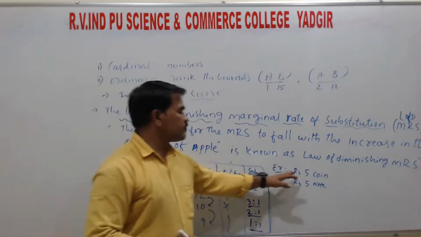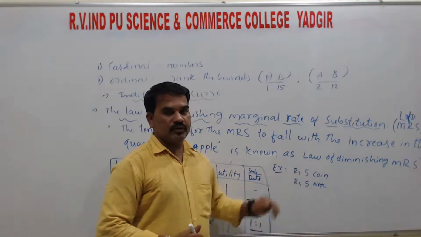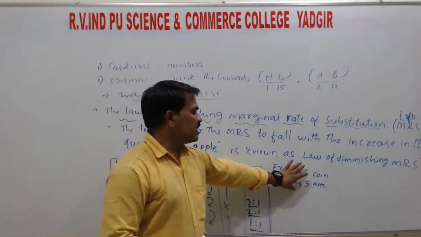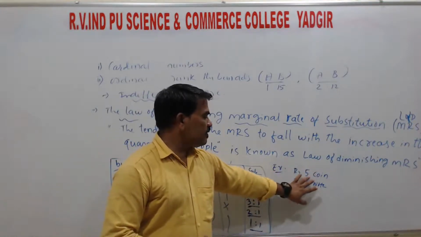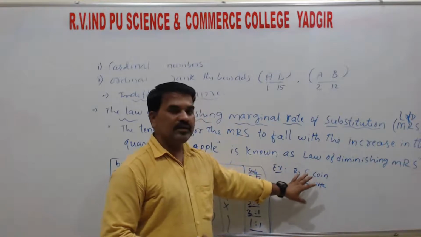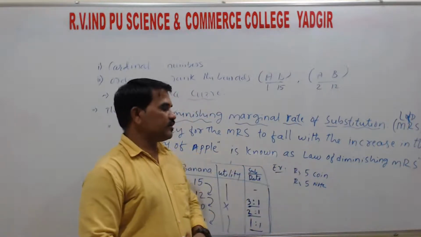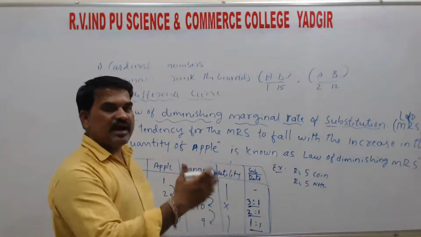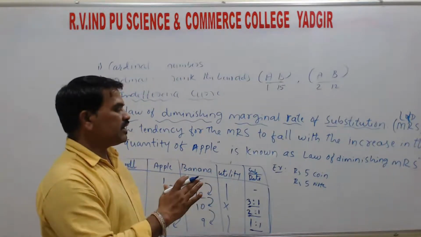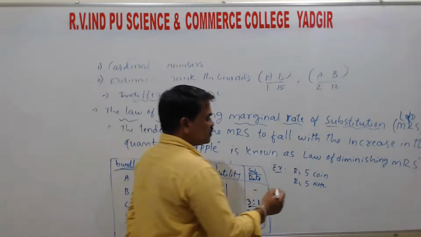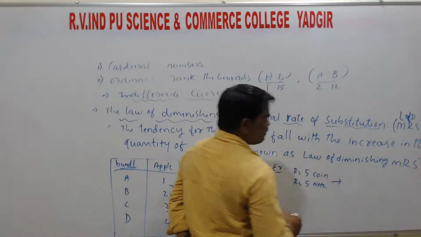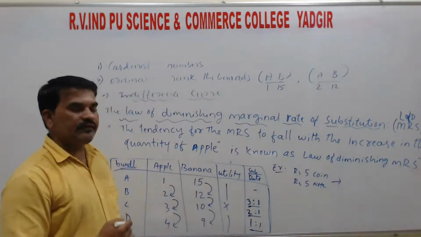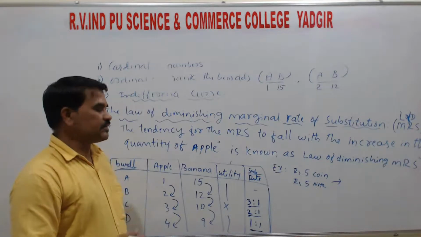We have a 5 rupees coin and a 5 rupees note, both. I said, the coin or the note, these are perfect substitutes. There is no change in the value or the quantity here. That's why we can call it a perfect substitution.